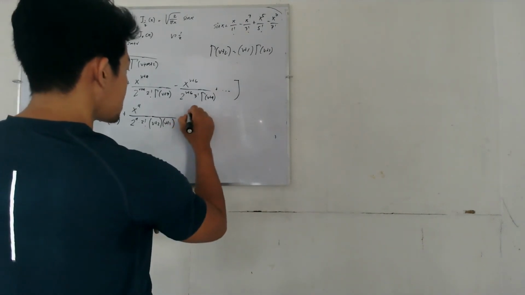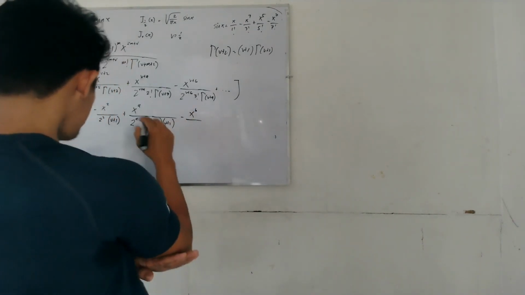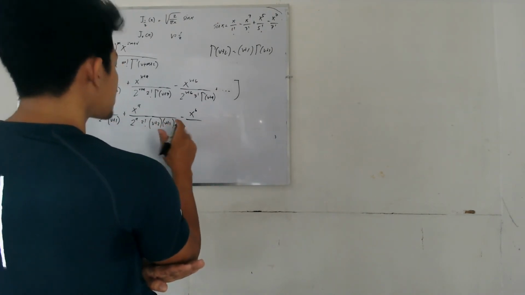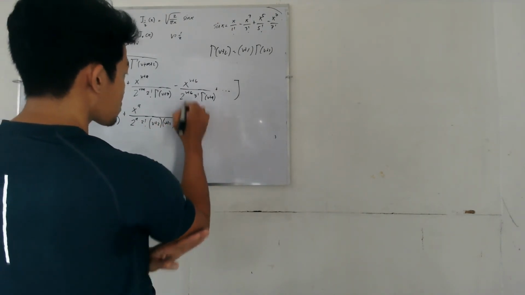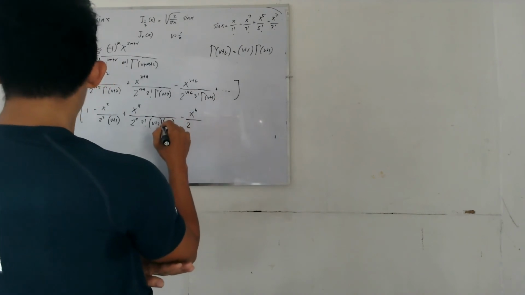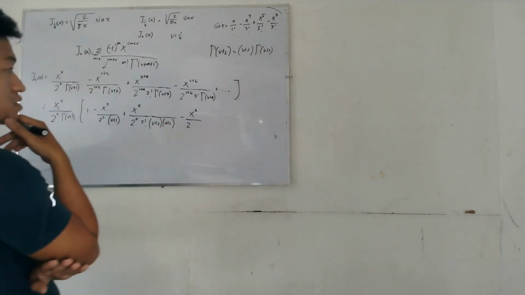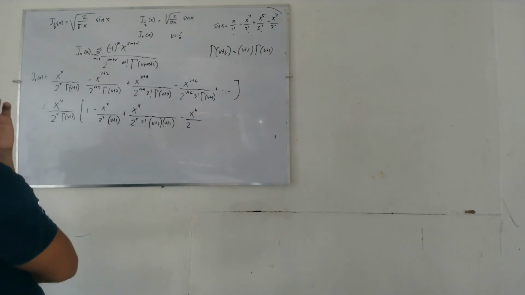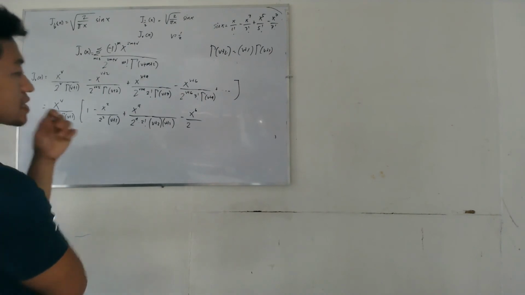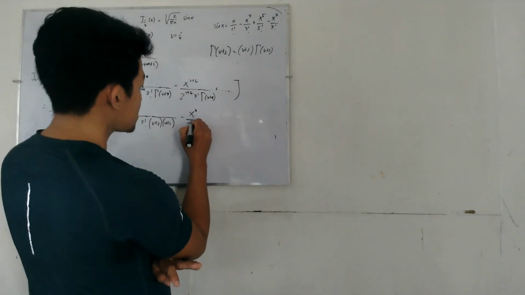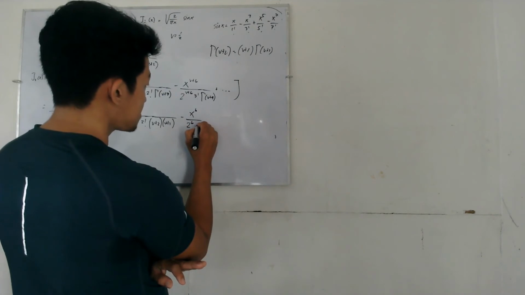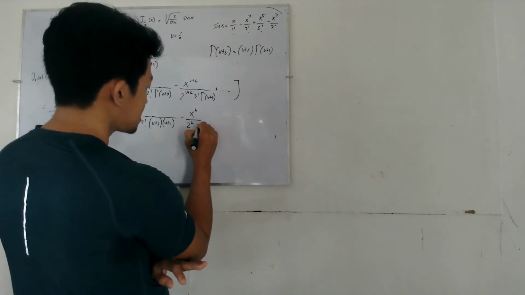minus x to the 6. Okay, patayin na lang ni 2 to the 6 times 3 factorial is 3 times 2.